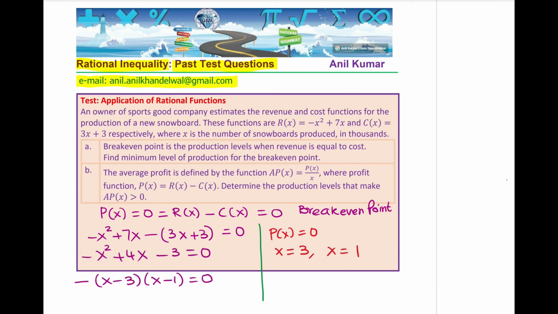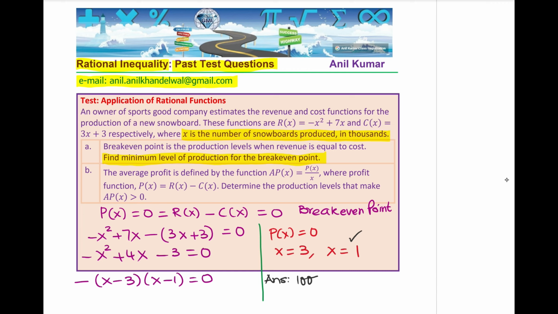Now in the question we are given that x is the number of snowboards produced in thousands, and we are looking for the minimum level of production for the break-even point, and therefore our answer should be what? So our answer will be, we need to produce 1,000 snowboards, right? So 1 means 1,000.